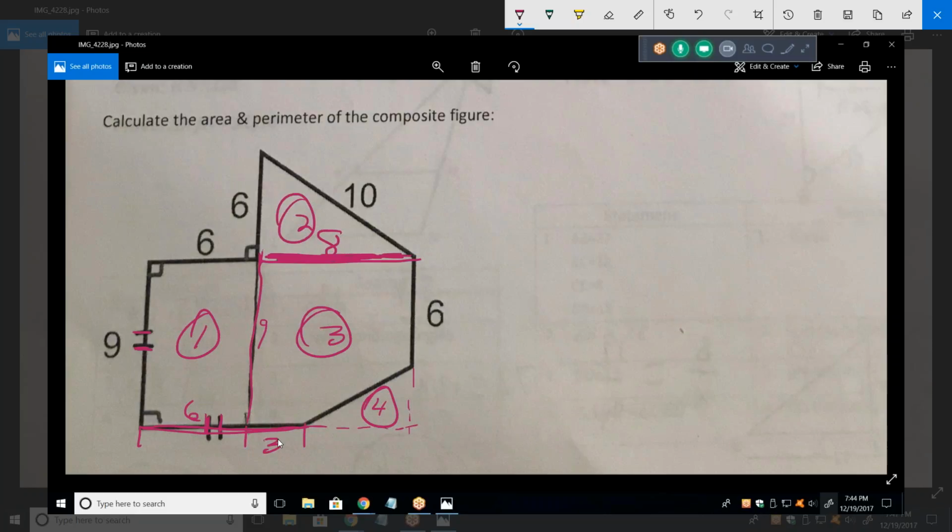If that's 3, what is the base of this triangle that I've put a dotted outline around? 5. And what's the height of that triangle? 3. Now, the one problem with the 3, 4, 5 triangle is it's easy to misread a triangle.